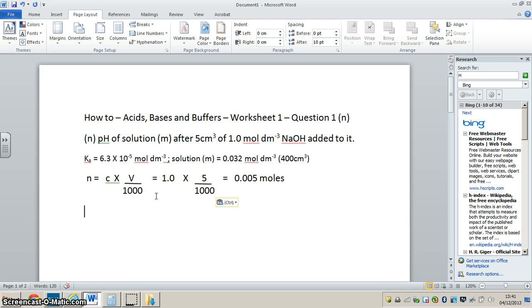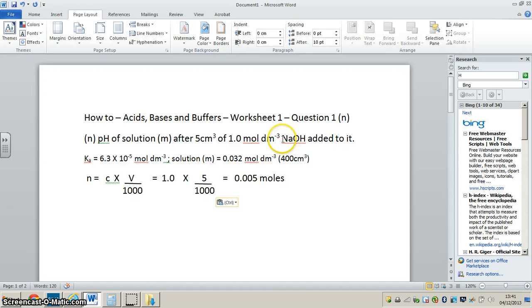So we have 0.005 moles, but this number of moles is not in 1 decimeter cubed. We need to look at the question now, and if we recall, in solution M we had 400 centimeters cubed, and what we've just done is put 5 centimeters cubed of the sodium hydroxide into it.